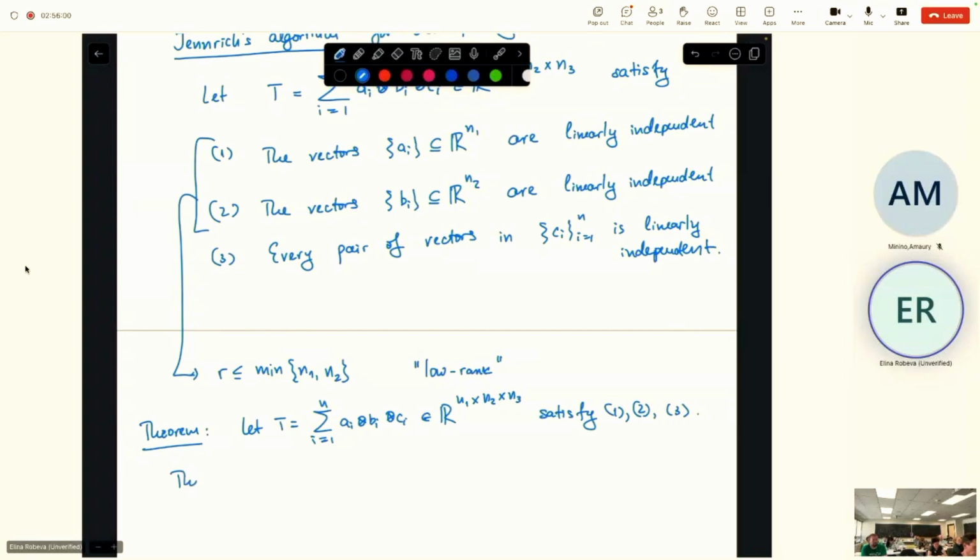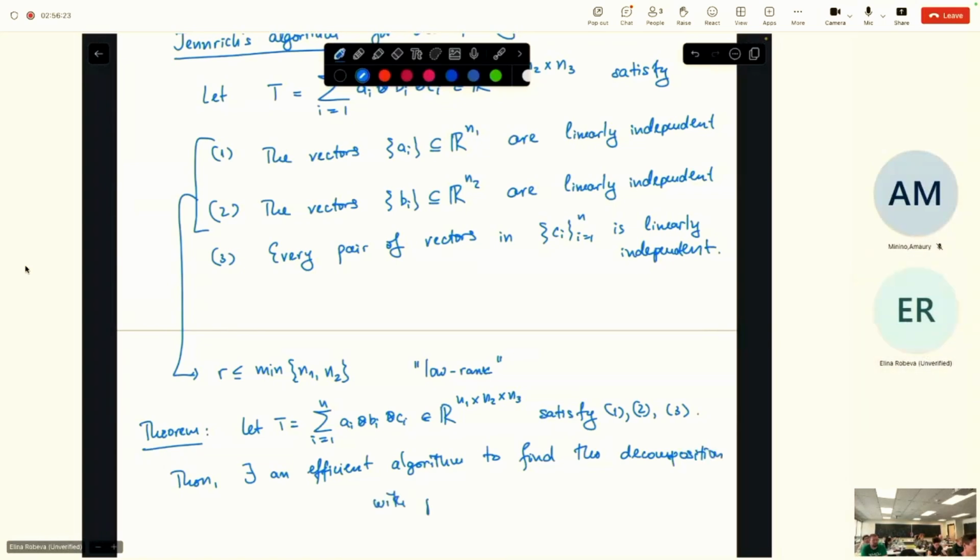Then there exists an efficient algorithm to find the decomposition, the decomposition with probability 1. And you'll see where this comes from.